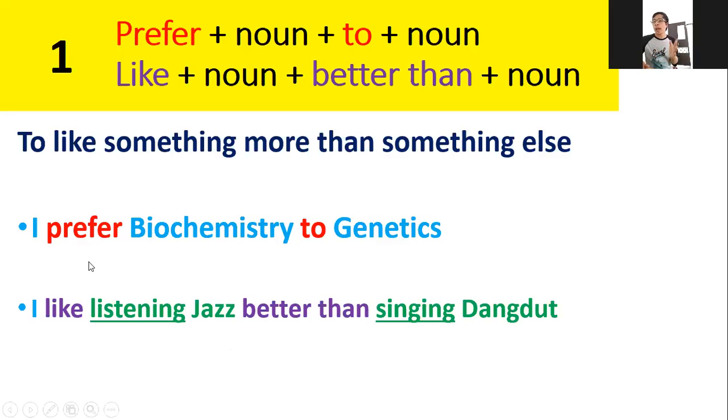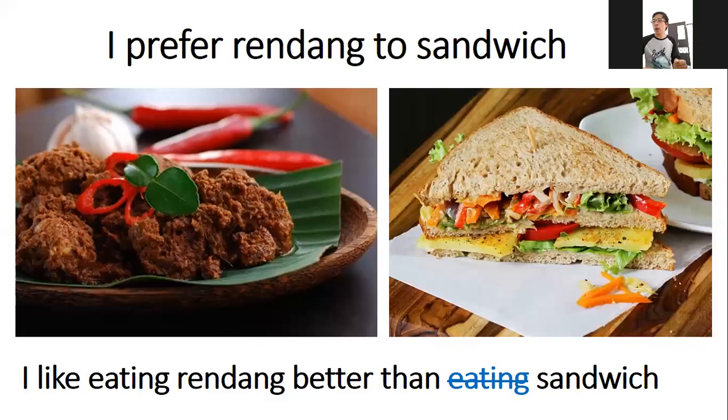Or you may also express it like I prefer listening to jazz to singing dangdut, or simply I prefer jazz to dangdut. That can also be expressed in a simple way. That's general. Like this one also, I prefer rendang to sandwich. That is particular to me.